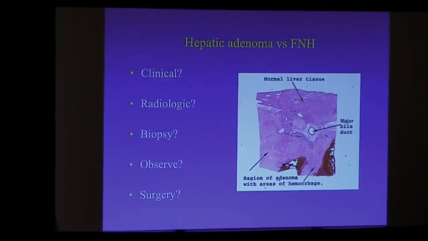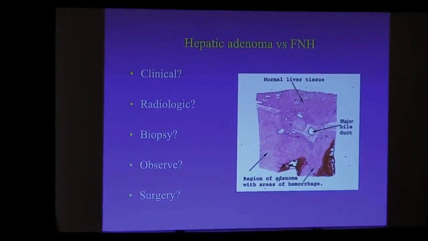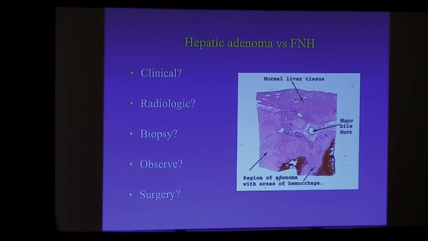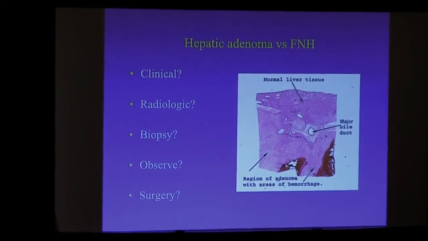It's a cold spot. Biopsy, well, the problem with biopsy is that the pathologist is going to diagnose adenoma or FNH based on the presence of bile ducts. So if you do a liver biopsy in this patient with an adenoma and the needle goes in and gets a few bile ducts, the pathologist is going to say, well, this is an FNH, not an adenoma.